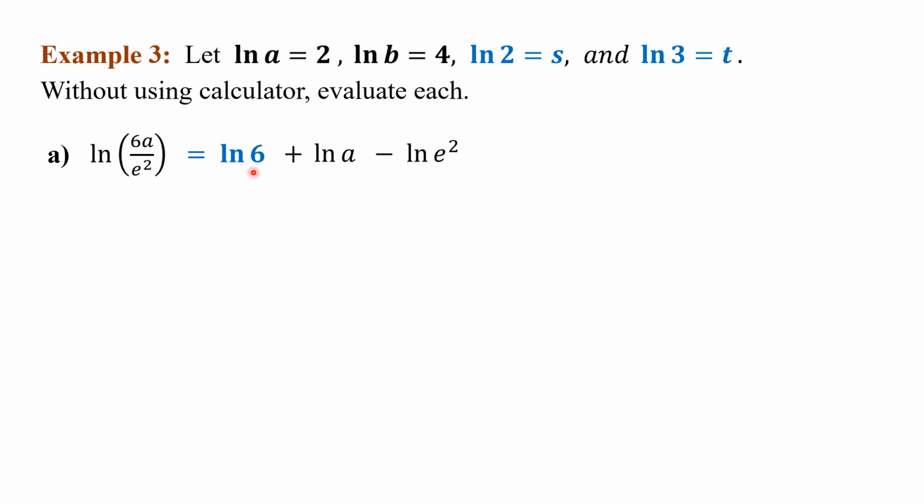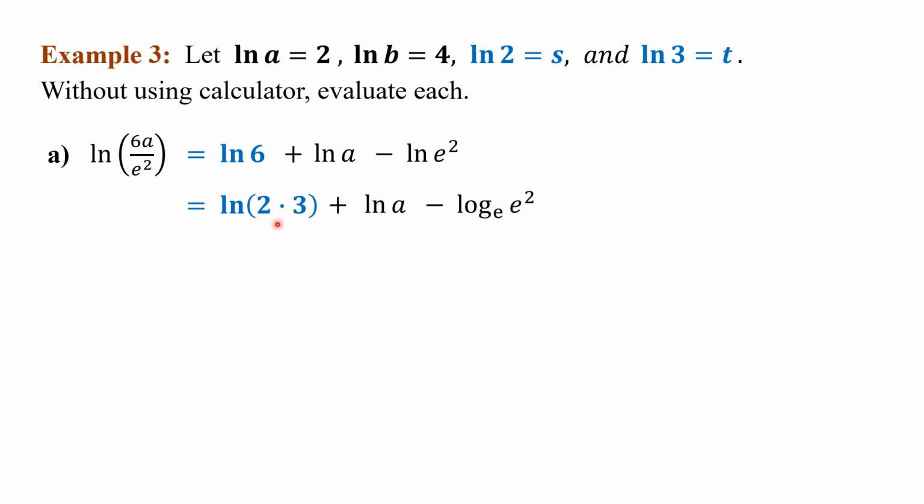But for ln 6, there's no given ln 6, and do not put this in a calculator. What you can do is factor 6 as 2 times 3. So ln of 2 times 3, then copying the second term, and rewriting the third term with log base e, or you can just write it directly as 2.